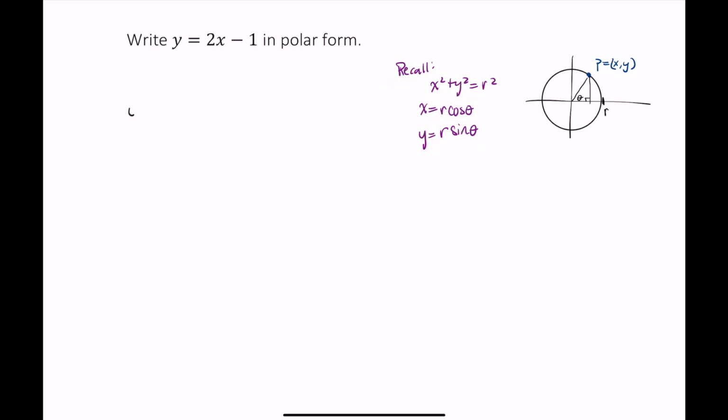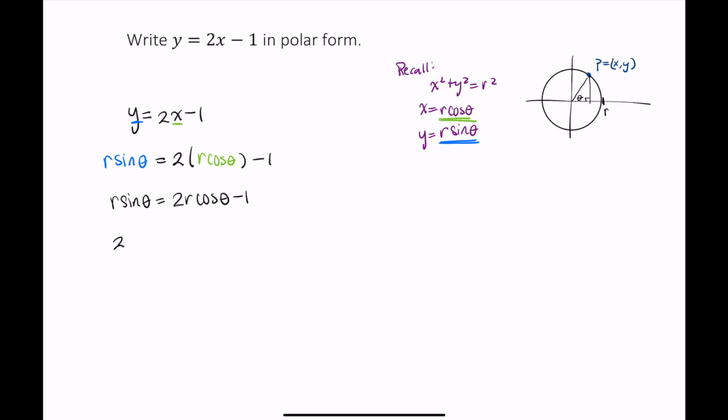All right, so we have y equals 2x minus 1. Well, I know that y is equal to r sine theta. I also know that x is equal to r cosine theta. So I have r sine theta equals 2r cosine theta minus 1.